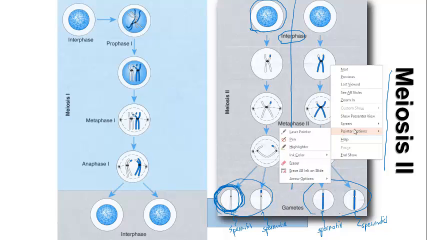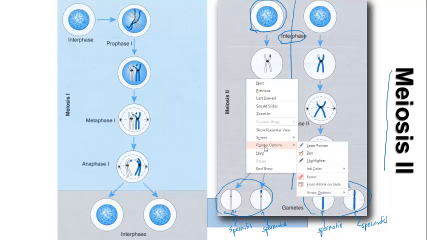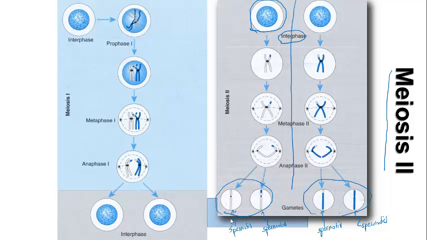So what I'm going to do is try to get the eraser here and get rid of this, because I didn't mean to make this female gamete, or what I will show as a female gamete, so small. All right, so the only one female gamete that results from meiosis 2 is going to be quite sizable compared to the other cell that results.